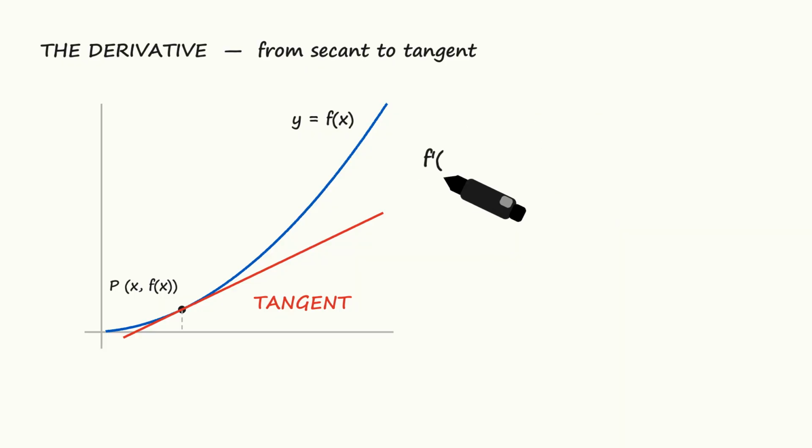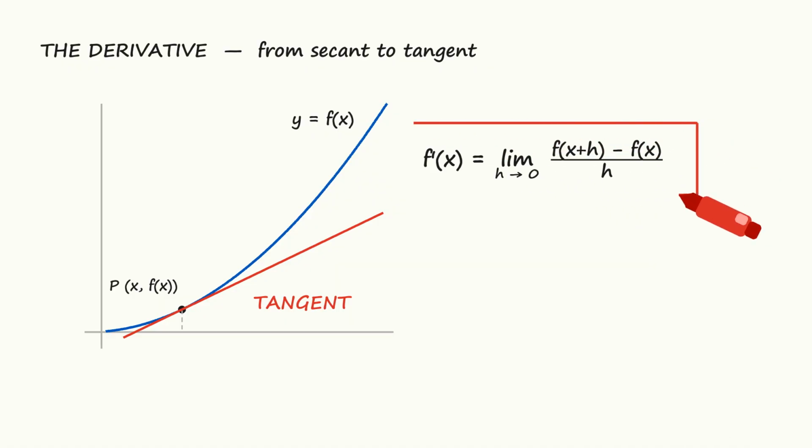And that is the derivative. F prime of x equals the limit, as h approaches 0, of f of x plus h, minus f of x, all over h. In one sentence, the derivative is the exact slope of the curve at a single point.